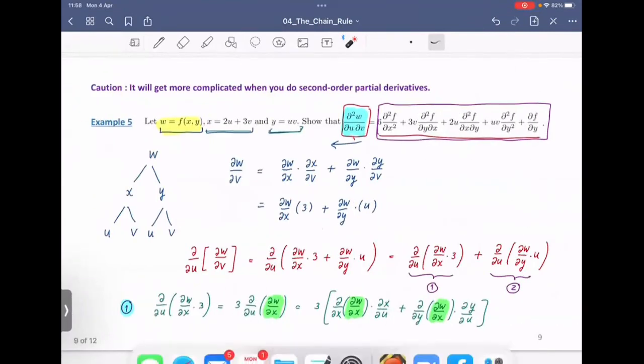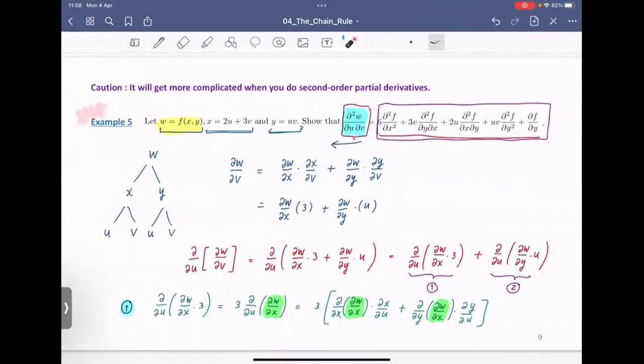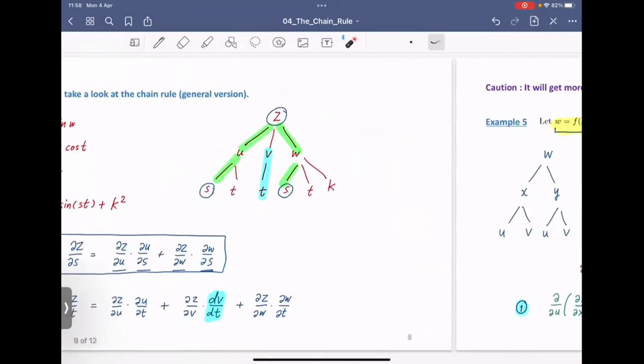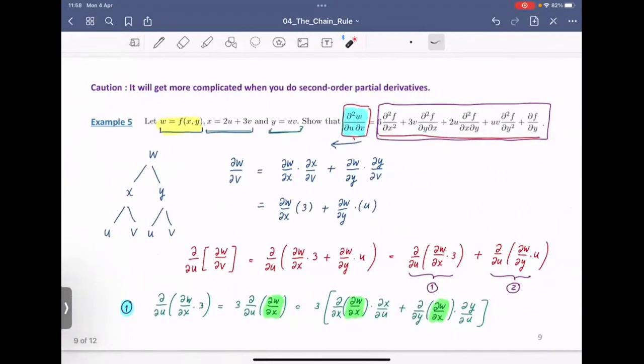And the last example could be the challenging one for some of you who want to get a better grade. If you don't want to stop yourself at B and B plus, you want an A, maybe you need to complete this type of question as well. But I'm happy to give you B or B plus if you can get up to this page, but A must be a little bit challenging. Well, let's see if you can work on the chain rule here.